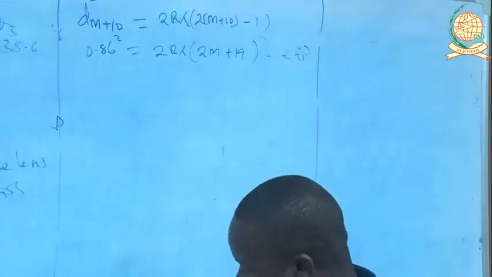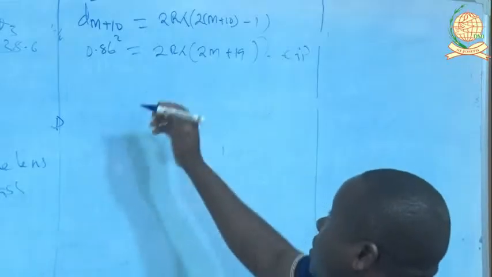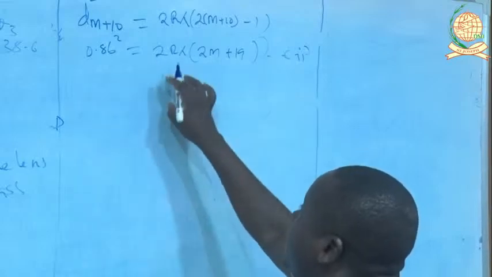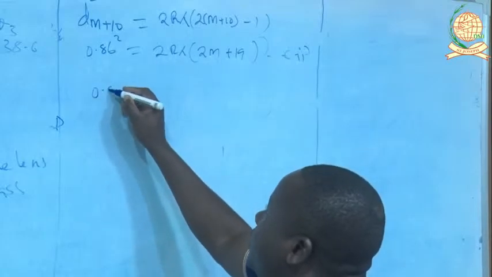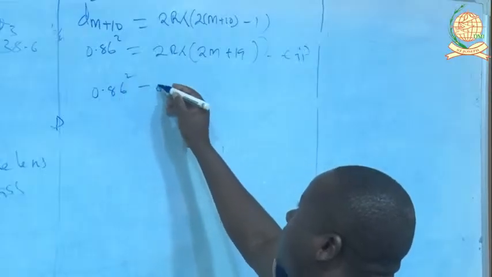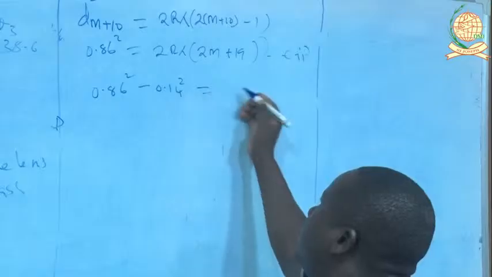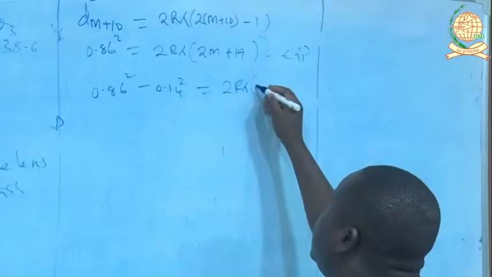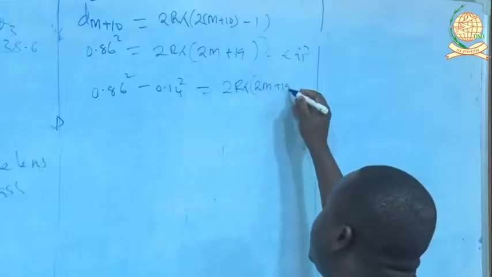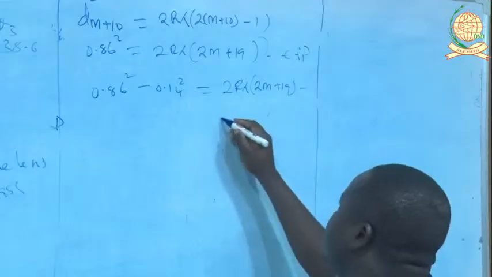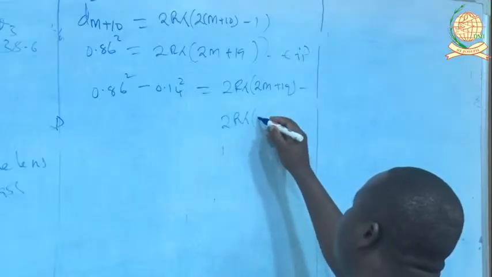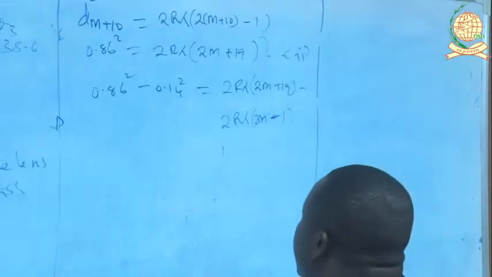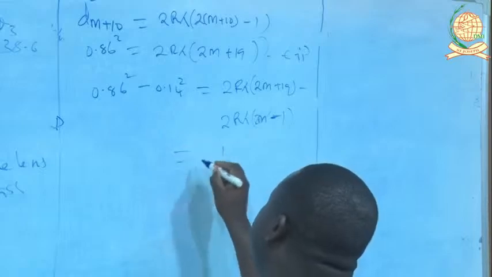If this is the first, subtract the first from the second. So 0.86 square minus 0.14 square equals 2r lambda times 2m plus 19 minus 2r lambda times 2m minus 1.